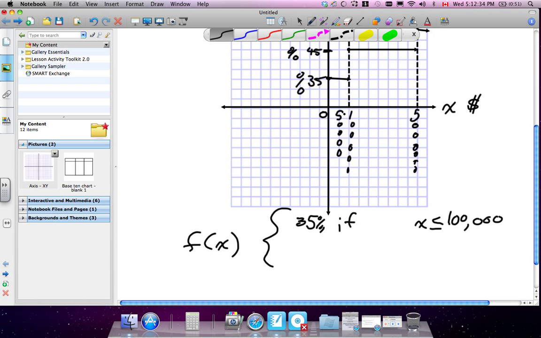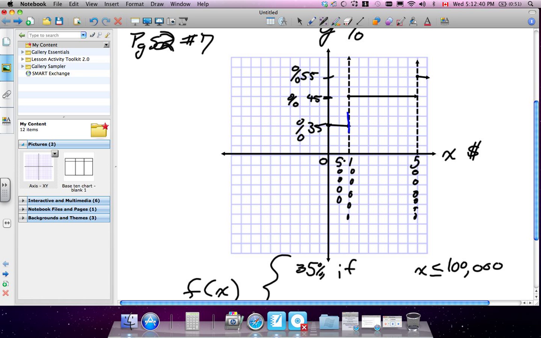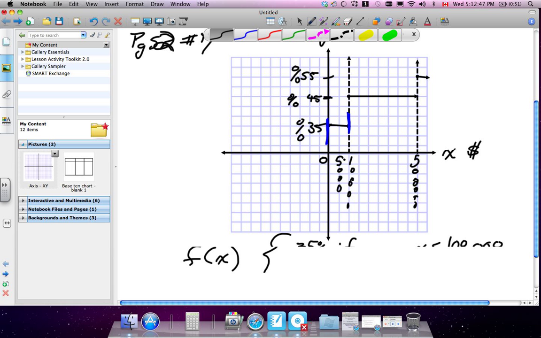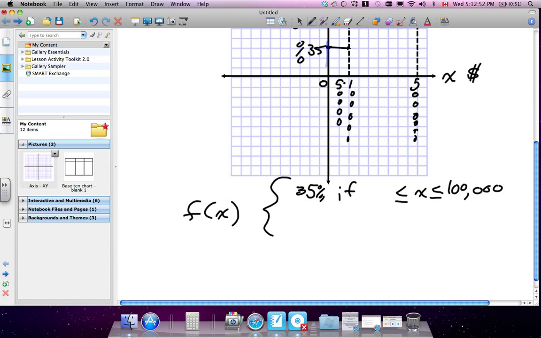What was our starting point in terms of x? 0. Yeah, because less than that, I'm not paying tax. I don't pay tax if I lose money. So it's 35% if x is between 0 and $100,000.